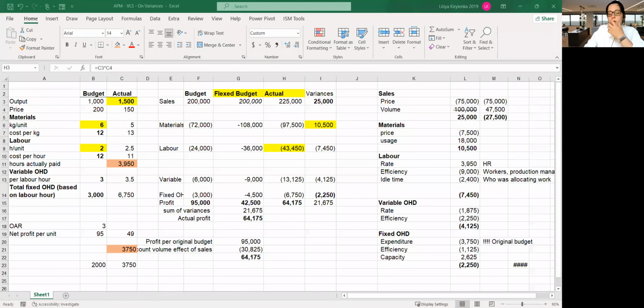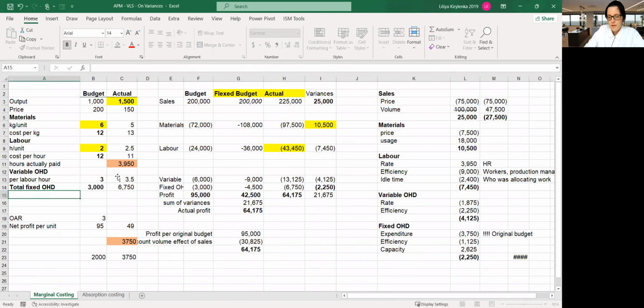Now, what is the difference between absorption costing and marginal costing? Let me call this tab absorption costing, and I will duplicate that, and that is going to be called marginal costing. In marginal costing, we say that now fixed overheads are not based on anything. They are fixed.